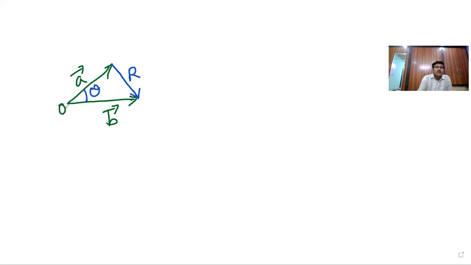Here I am giving the literals A and B. OB bar minus OA bar, that means the AB bar vector, which is R bar, is equal to the final position vector OB bar minus the initial position vector OA bar.